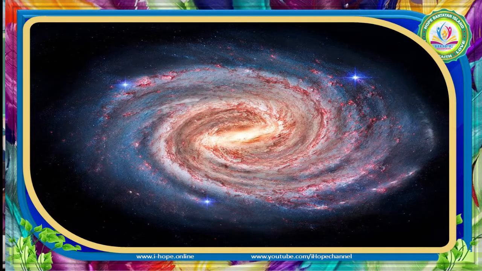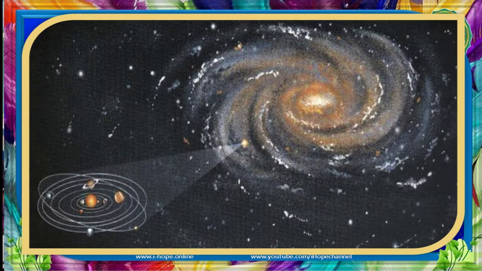We have here a picture of the Milky Way galaxy, our very own galaxy. This is our solar system, and our solar system is located somewhere here. It seems like a tiny marble in the Milky Way.